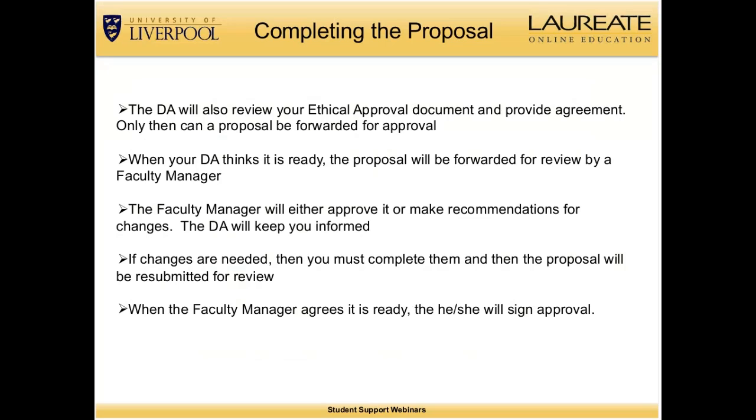This faculty manager will either approve your proposal or make recommendations for changes, and you will be allowed to update your proposal and make it meet the required standards. The DA will keep you informed of the progress and serve as the contact between you and the faculty manager that is reviewing your work.